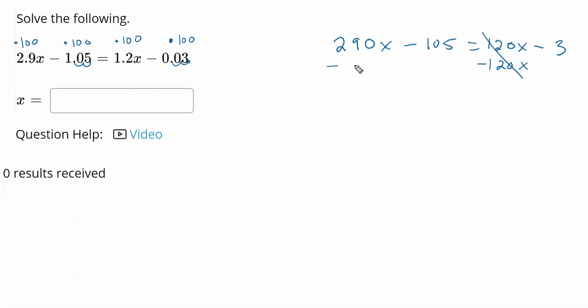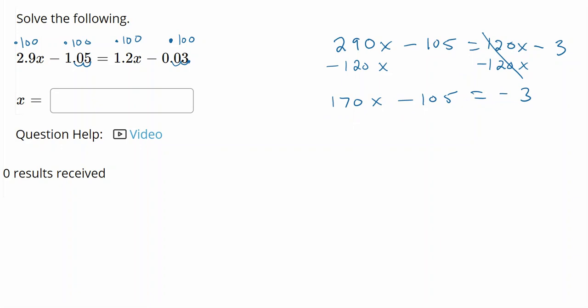Then 290x minus 120x is just 170x. Just subtracting that one and that one. Now I only have one x term, so perfect. Then 170x minus 105 is equal to negative 3.